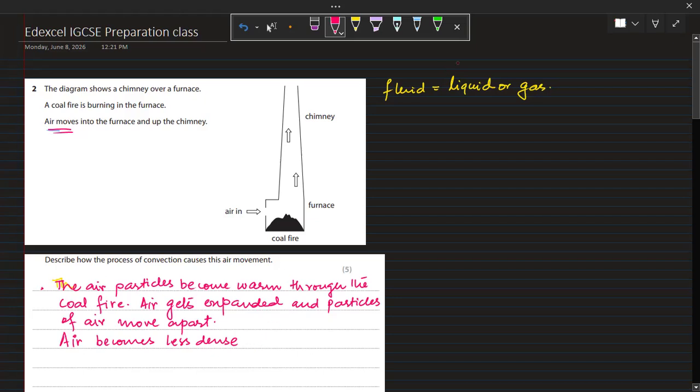Since we have discussed that the air gets expanded, that means the air particles become less dense.